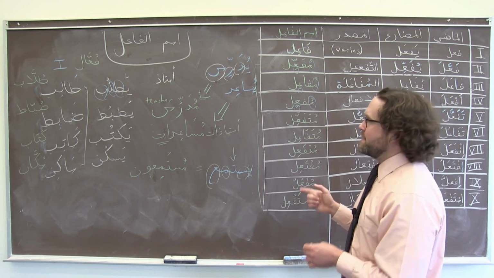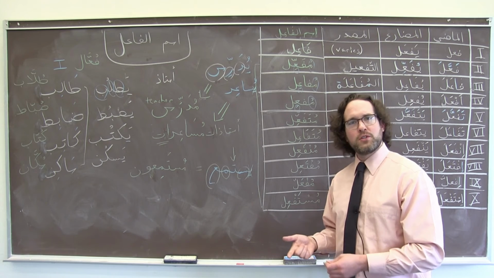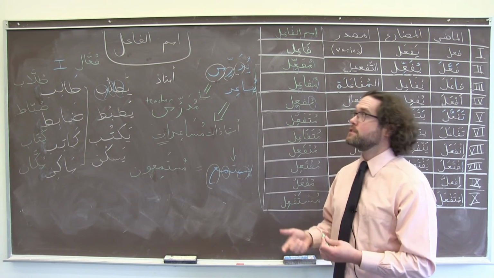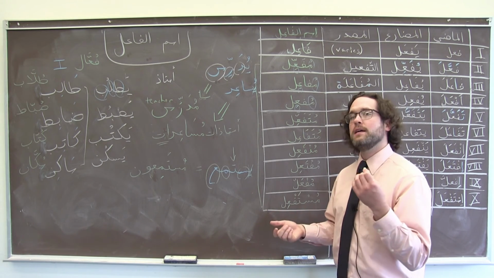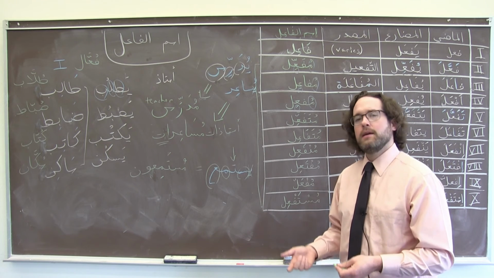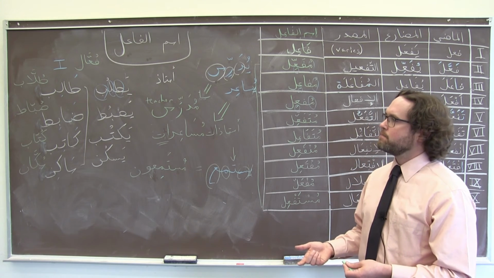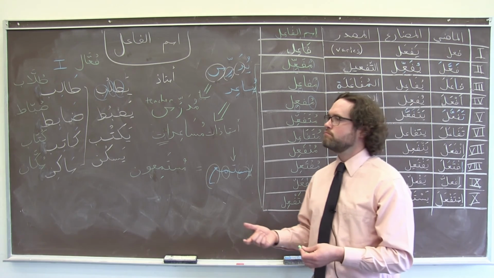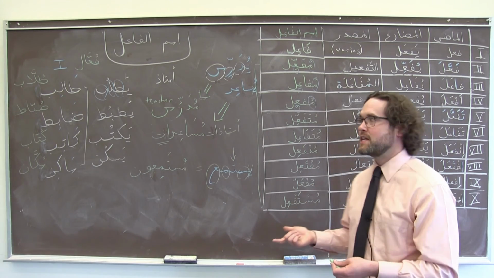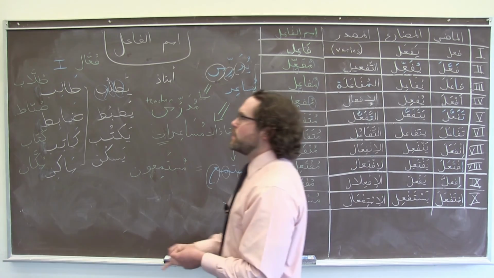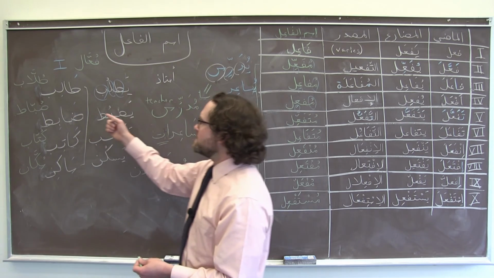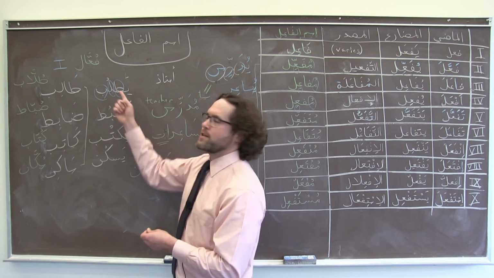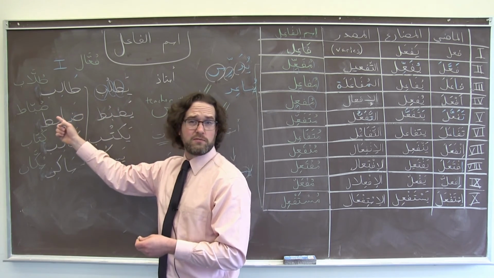Not every single verb in every single form is going to have a derived active participle that is actually used. In theory, we could do it, but it might be a little unique. It might have kind of a strange flavor. For example, we know the word talib, student, which doesn't come from study, it comes from ask or demand, but it's just the normal word for student.